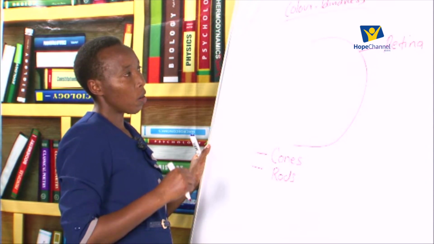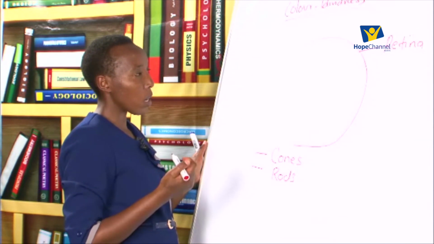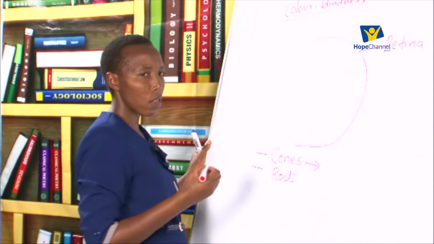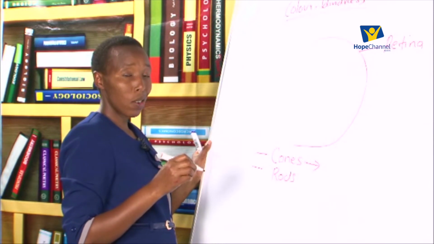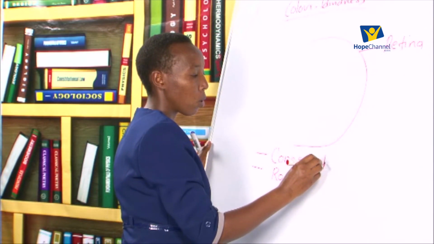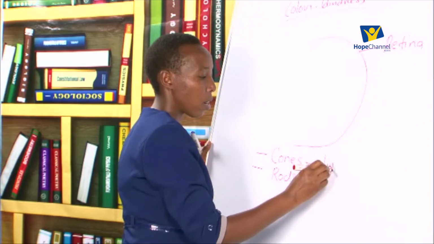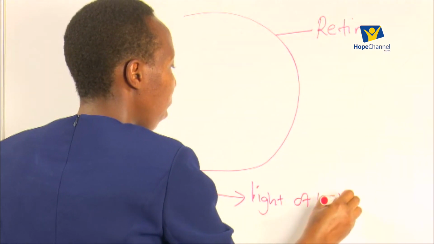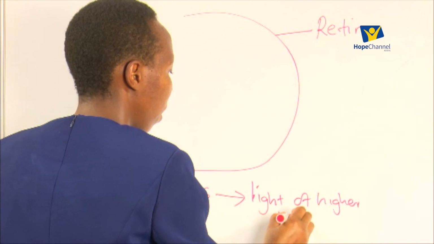These are photoreceptor cells. But now, you realize that the cones are more sensitive to light of high intensity.